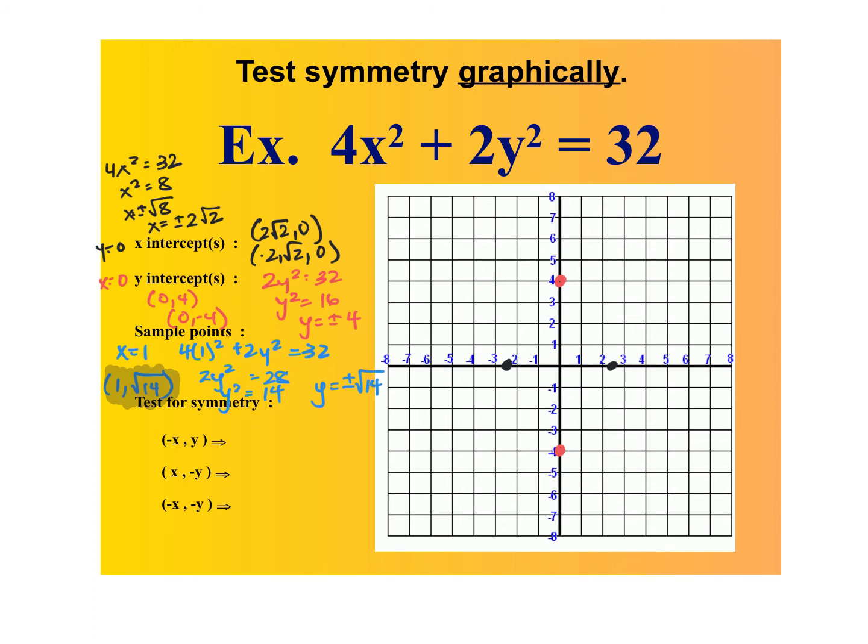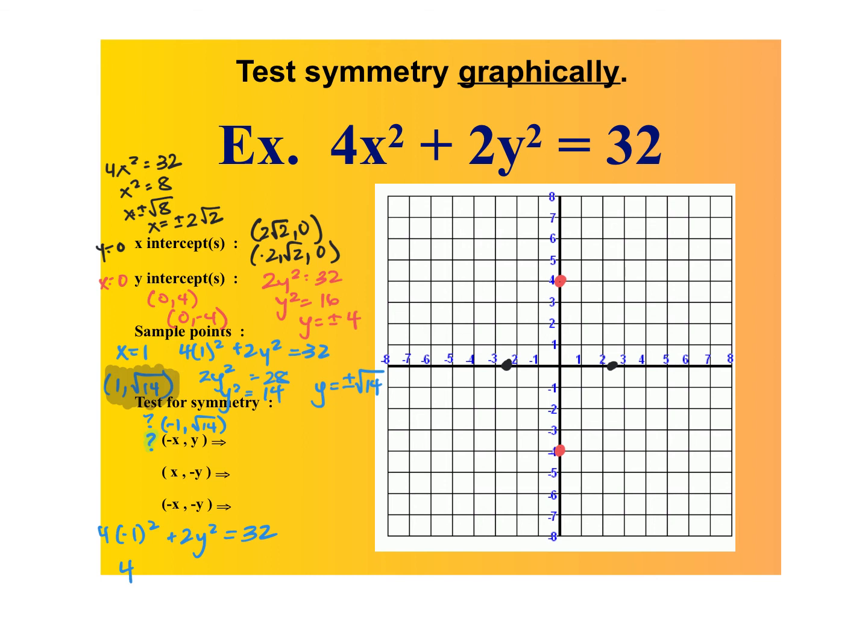So I'm going to ask myself, does the point exist with that negative x coordinate, so negative 1, and the same y coordinate, square root of 14? Is that a part of my graph? And to find out, I'm going to plug in negative 1. So if I plug in negative 1 for x, I get 4 times negative 1 squared plus 2y squared is equal to 32.